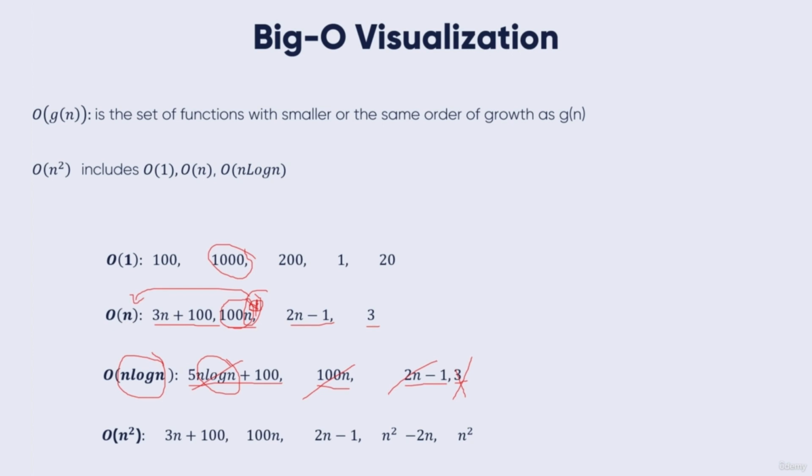O of n squared. So if we have numbers and we need to get the complexity of them and the highest degree of them: 3n plus 100, till now we have n. 100n, we have n. 2n minus 1, we have n.